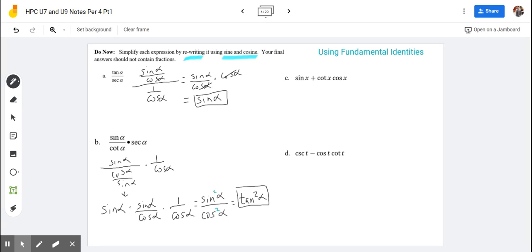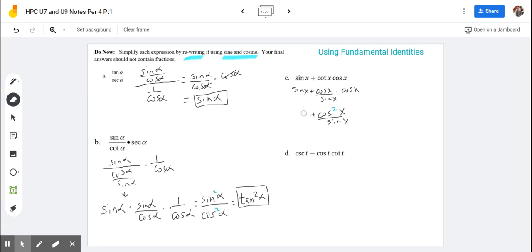Part C, sine of x. And then I'm going to rewrite cotan as cosine x over sine x, and then times cos x. Okay, so we can multiply cosine times cosine in this second fraction here to give us cos squared over sine, and then this is just still sine x.